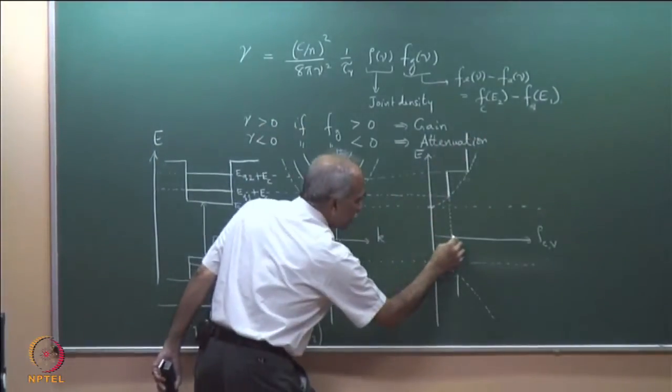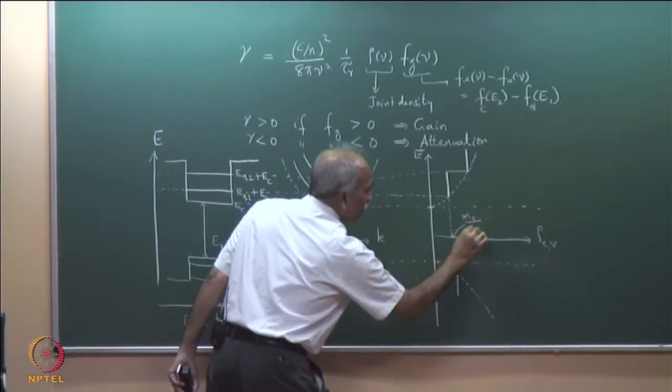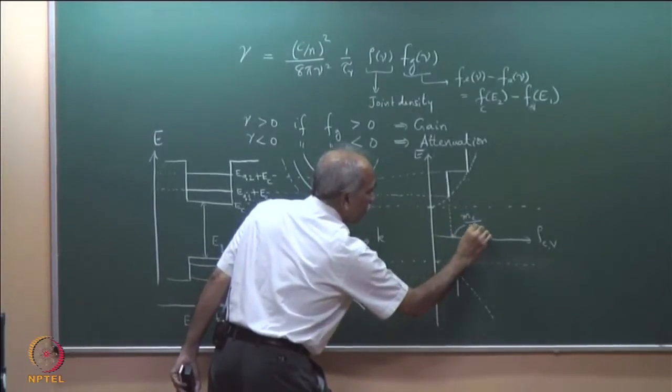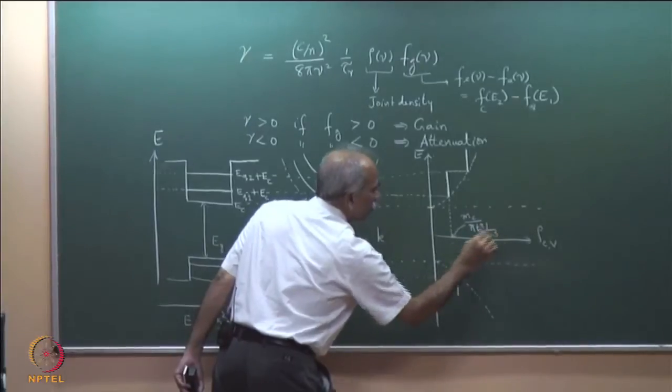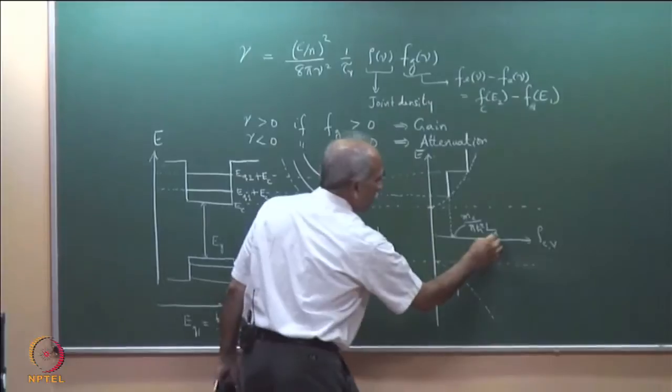If you recall, this number here was mc divided by pi h cross square into Lz.